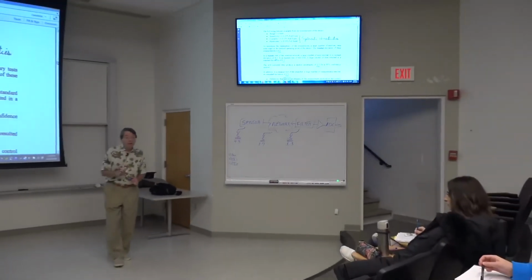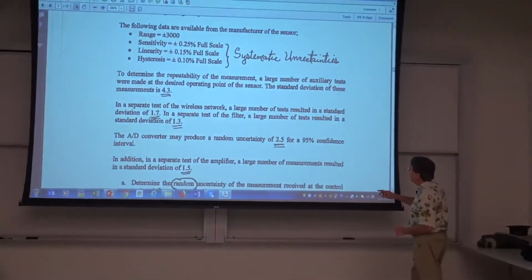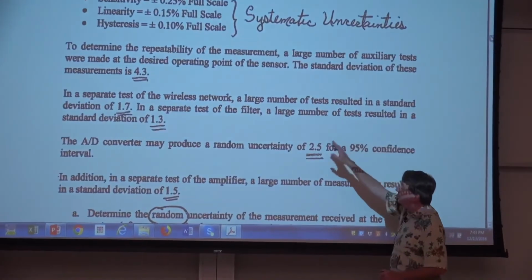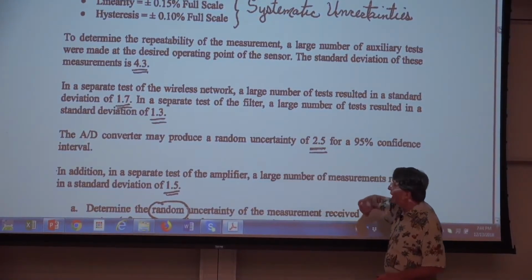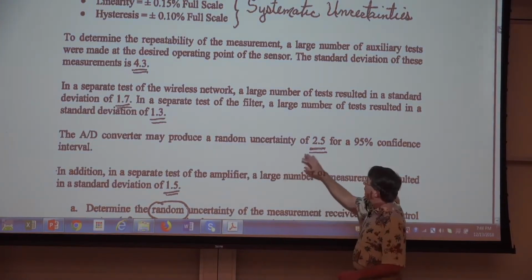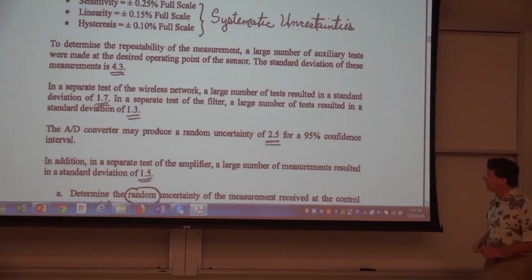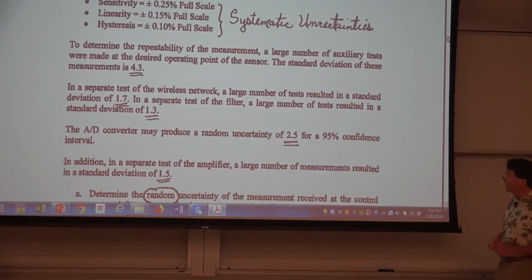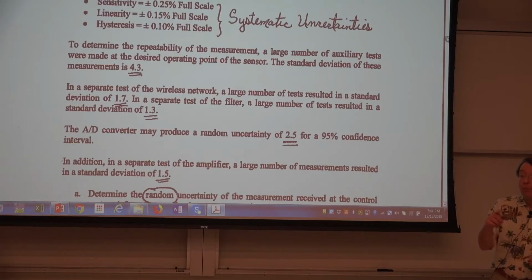Here's what I'm hoping, if you go back over Chapter 7, you'll remember. Notice, up till now, we had standard deviation, 4.3. Standard deviation, 1.7. Standard deviation, 1.3. Random uncertainty, okay, of 2.5. Now, you might remember that for a 95% confidence interval, the random uncertainty is related to the standard deviation by a factor of 1.96.